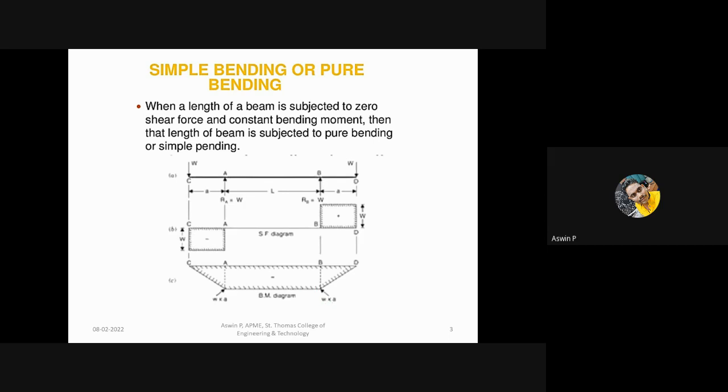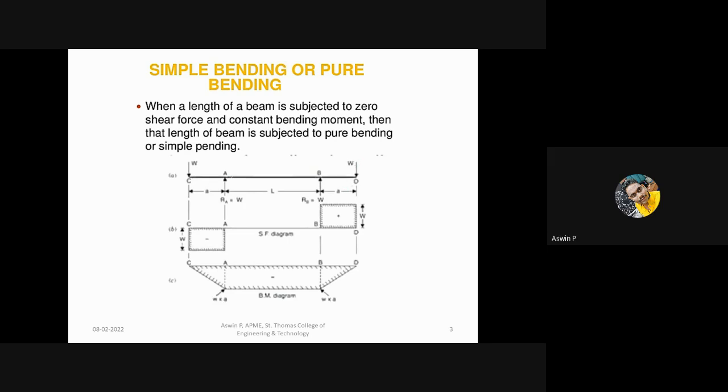And when you are going further till A, there is only load, so it will be W into (a plus L) and minus W into L. So cumulatively you will get W into a, right? Because of this one, this is a clockwise moment, so definitely that will be negative.